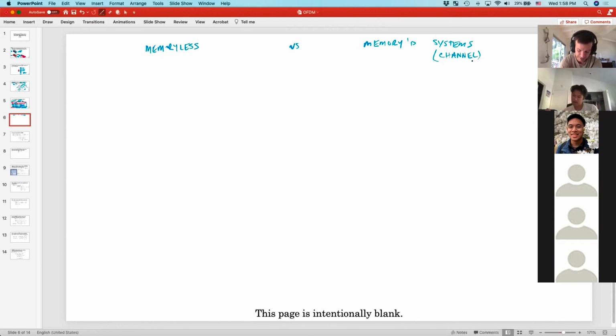A memoryless system was one in which the output could be computed without remembering any past inputs. And in discrete time, that means that your impulse response was, or could be nothing more than the unit sample. 0, 0, something, 0, 0, 0.